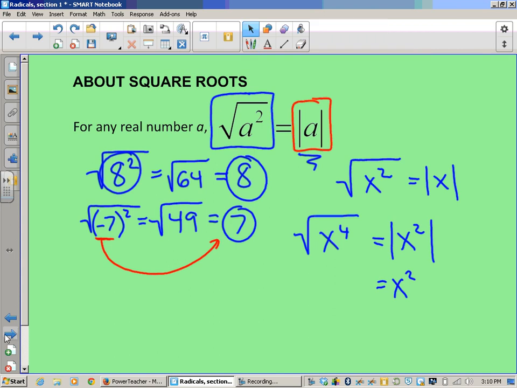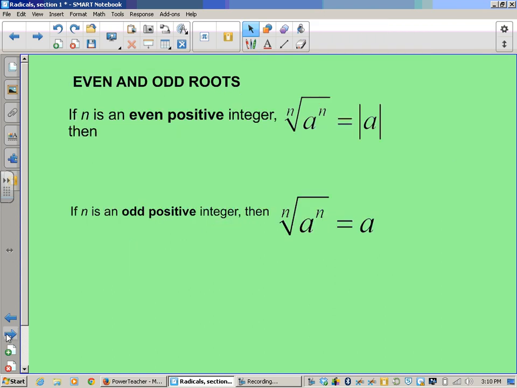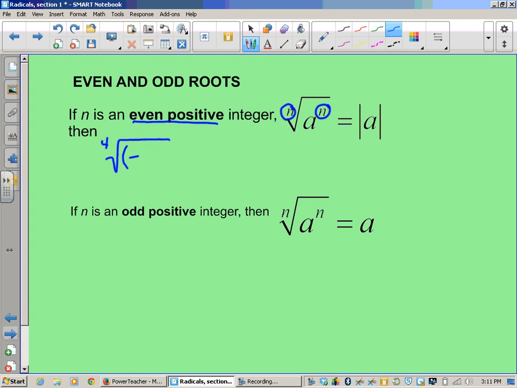Okay? So these are just some small rules about radicals. Some other small little rules here. In general, if n is an even positive integer, so if we have an even positive integer here and here, then anytime we're dealing with that, we can take the nth root of a to the nth power. That will come out as the absolute value of a. So for example, here's a good example of that one. What if we took the 4th root of negative 2 to the 4th?